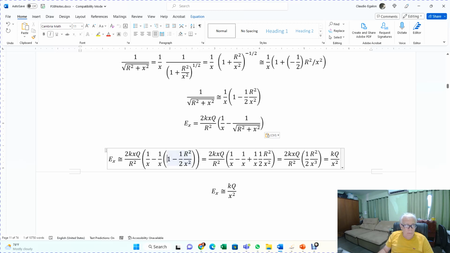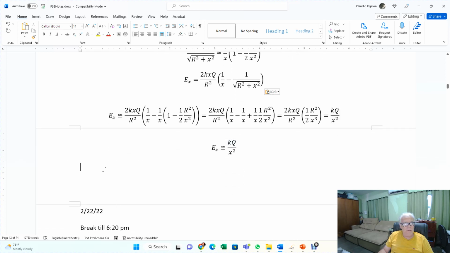See that this guy here, multiplied by minus 1 over x, is going to cancel out this one. And we are left with this term, which again is that of a point charge distribution: 1 divided by the distance squared.